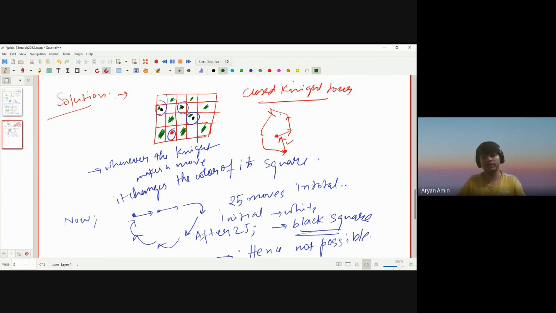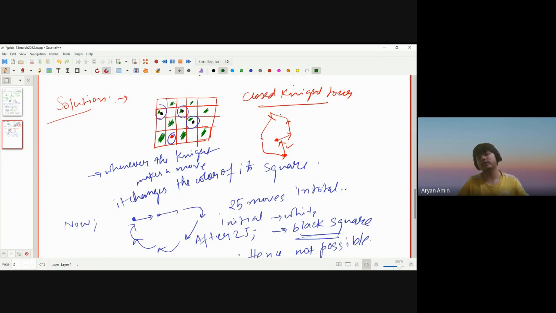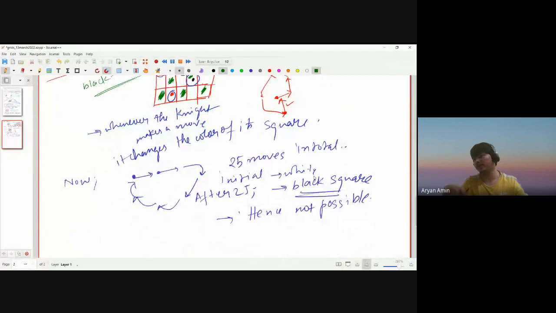I'll just repeat what I said anyway. We saw that using the chessboard coloring, a black and white coloring of the board, whenever the knight moves, it changes its square color. Now suppose there was some cycle that started from a point, visited every other square exactly once, and then came back to its original point. Suppose, without loss of generality, it started on a white square.